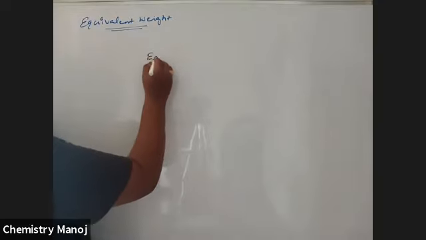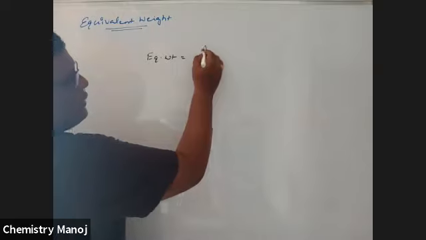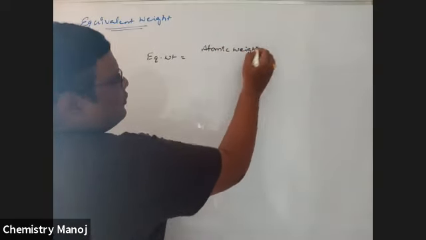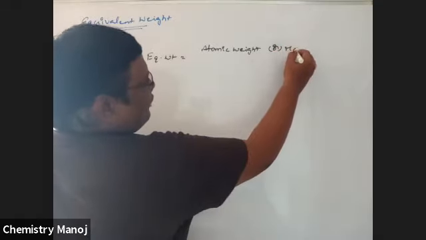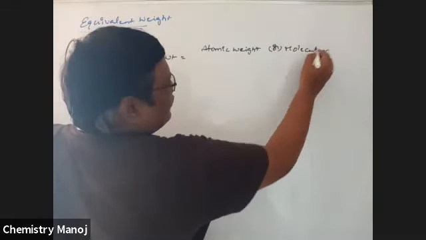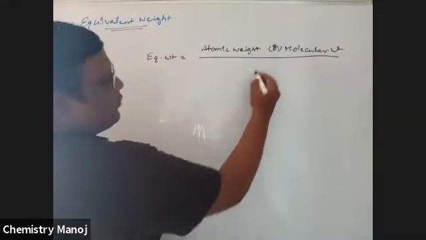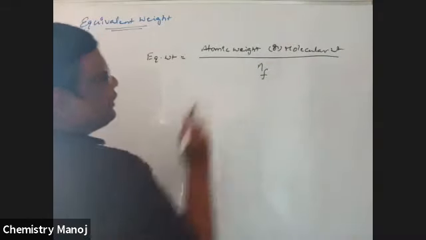Equivalent weight. What is this equivalent weight? So equivalent weight is nothing but, I'm going to take the formula concept. Equivalent weight of an element is equal to its atomic weight or molecular weight, atomic weight or molecular weight by n factor.